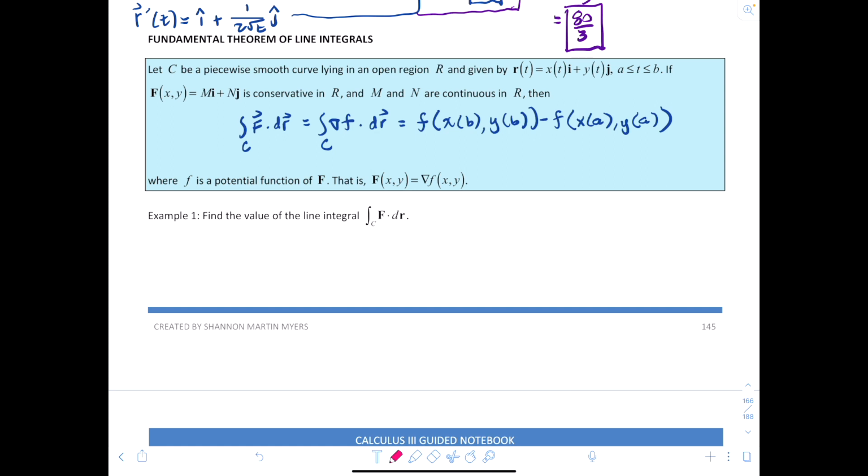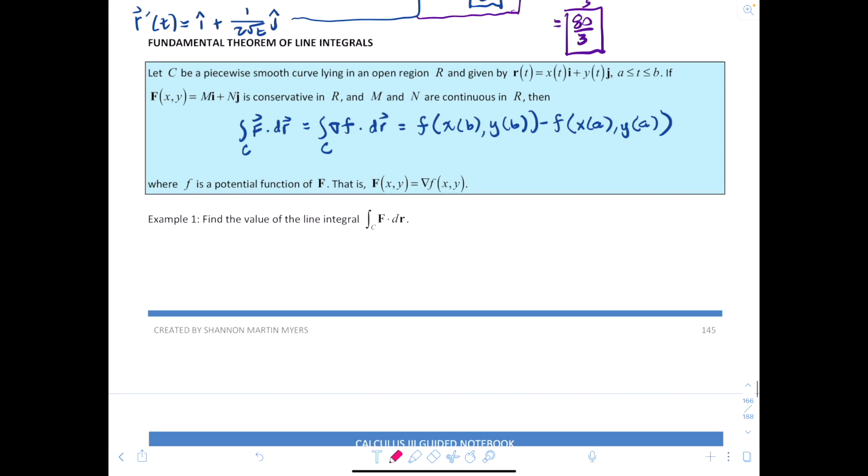And our m and our n, by the way, this extends to space. So you also have a z at t, like in the problem we're working on, and a p for the vector field. So basically, we don't have to do all the work that we did before. We just use that end result, our potential function evaluated at the limits of integration.